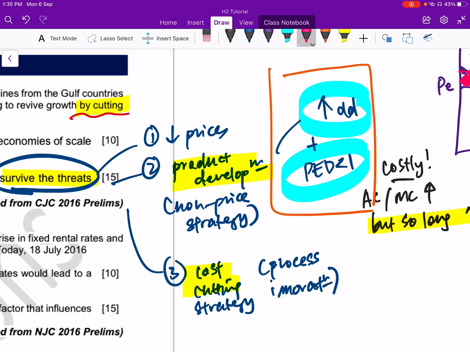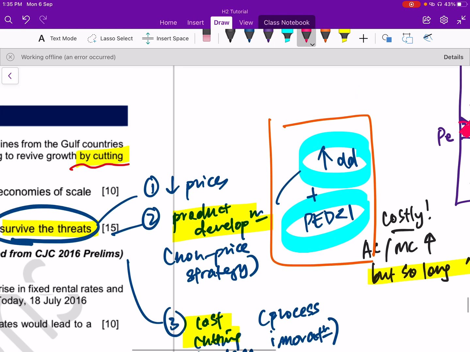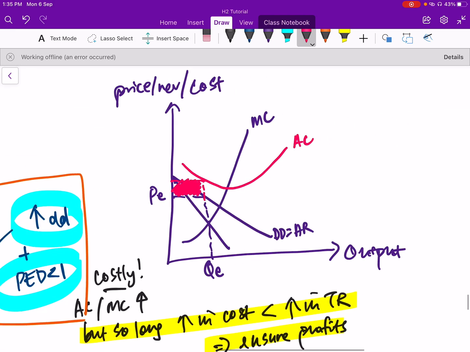That means you make the product more unique and differentiated from your competitors, and that would reduce the PED for the service, right? And so, if you want to showcase how a product development can help with surviving the threat or maintaining profitability, you can draw a possible diagram as such.